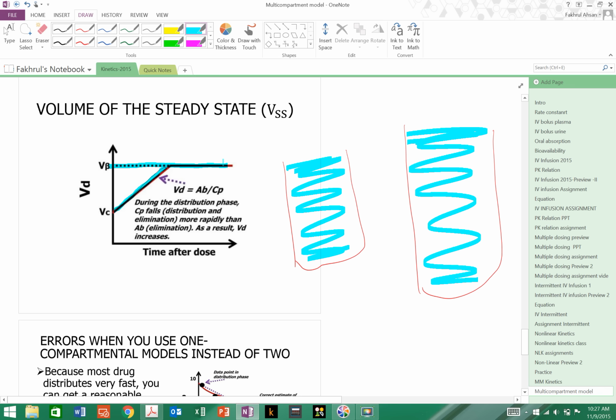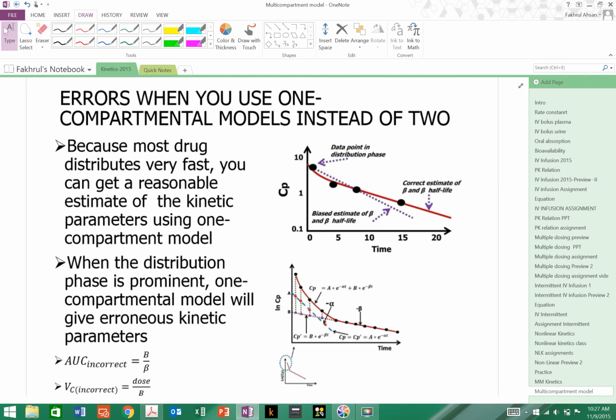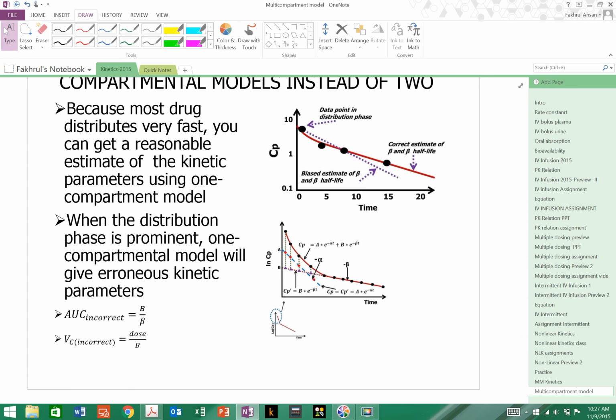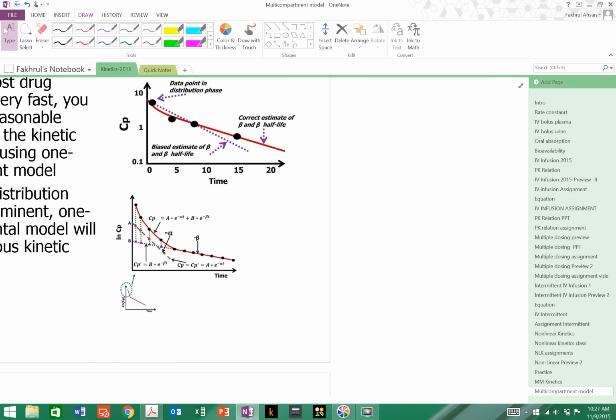This is the volume we should consider to calculate the volume of distribution or dose. If we use the wrong one, for example this one, we have a curve like this.